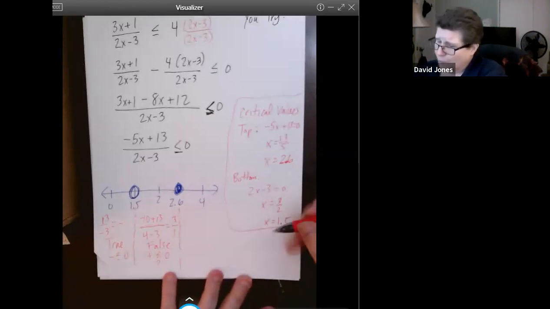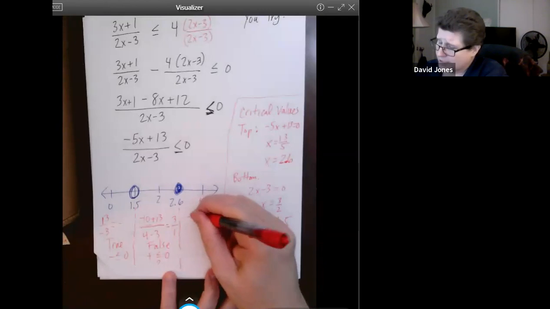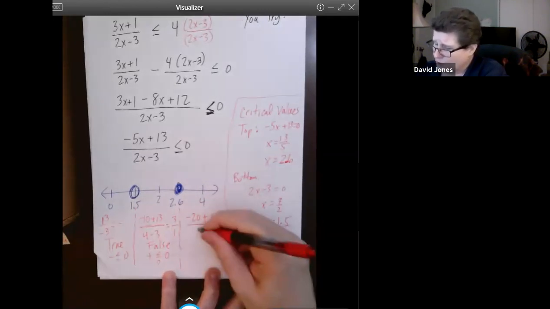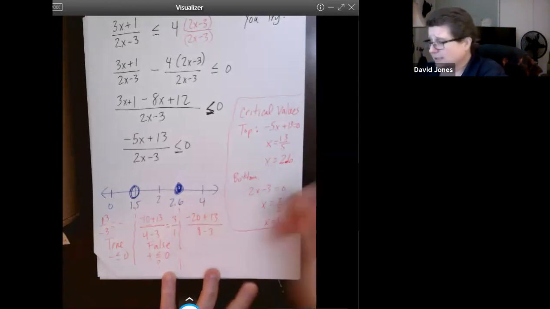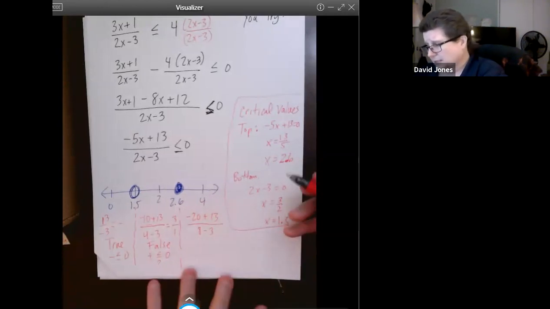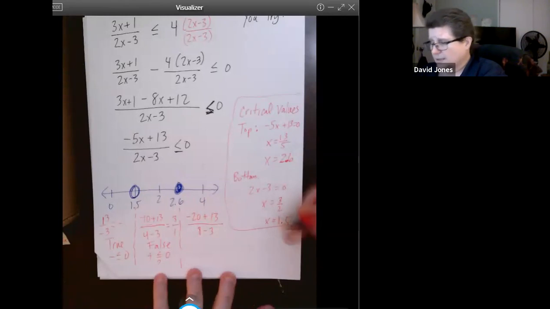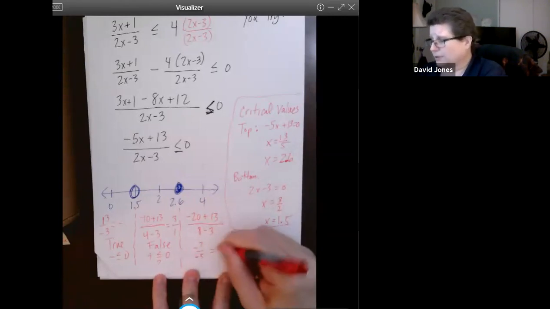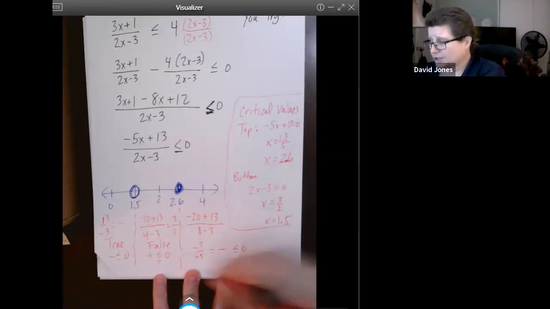If I plug in 4, negative 5 times 4 is negative 20 plus 13 over 2 times 4 is 8, 8 minus 3. This is negative 7 over positive 5. That's a negative number, which is less than or equal to 0. That's true.